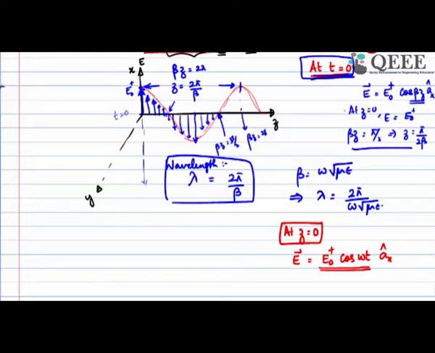What is happening to this vector as time progresses? When omega t becomes a value such that it is equal to pi by 2, the vector which was having its peak here will get its null here.